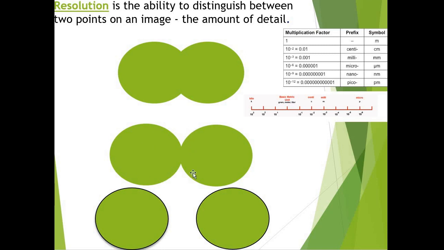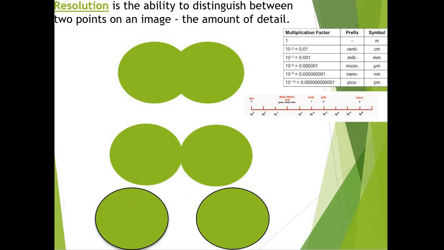As we increase the resolution, now this is not increasing the magnification, just the resolution, it allows us to detect the differences between the 2 cells as separate entities. So a very rough way to say it is it's how clear the image is, the resolution, but you should describe it as the ability to distinguish between 2 points as separate entities.